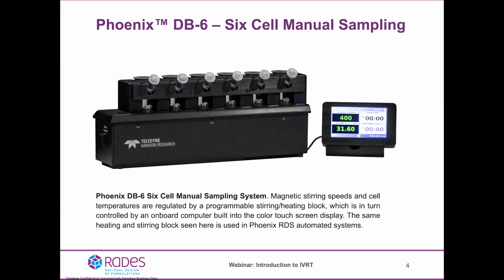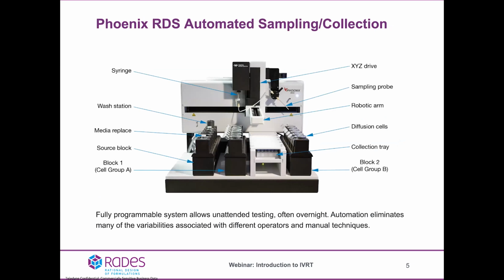The Phoenix diffusion cells can be placed in our small dry heat DB6 manual sampling platform, which can be run in simple mode or with full security, audit trail, printable reports, etc. For automated sampling, the DB6 manual system can easily be placed inside of our robotic diffusion station, or what we call the RDS, which will automate the sample withdrawal and media replacement process, which requires very few changes to your method since it mimics the manual method.